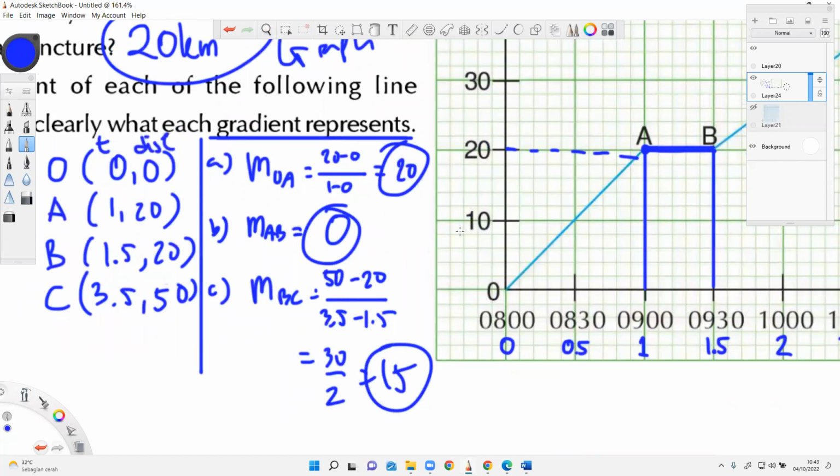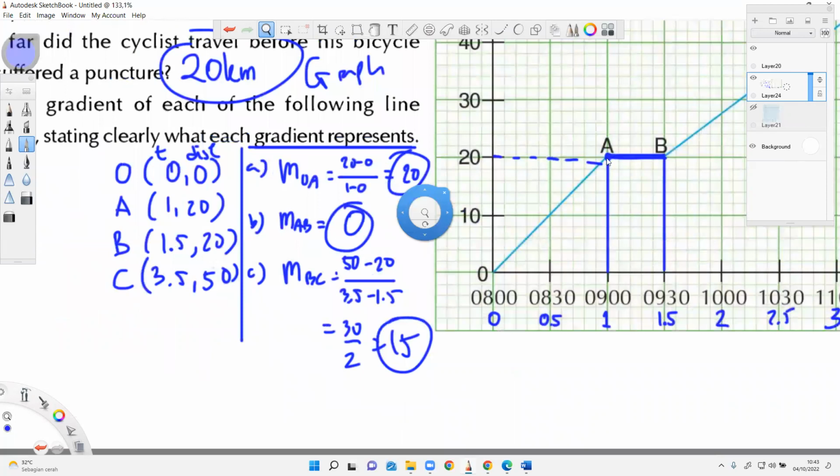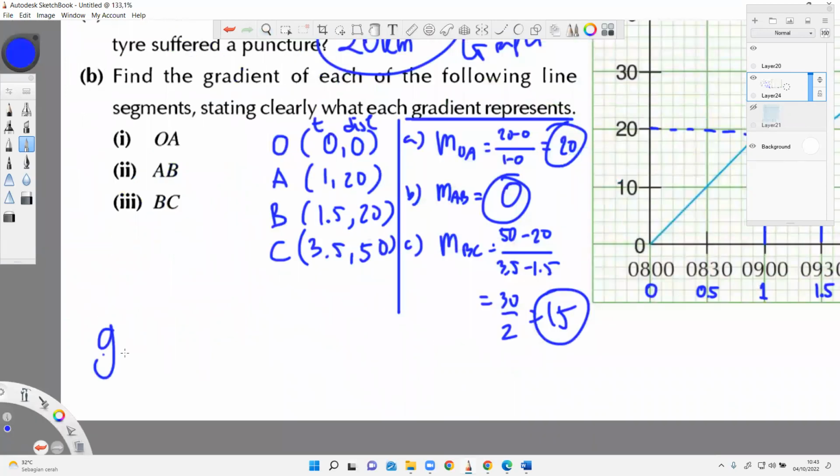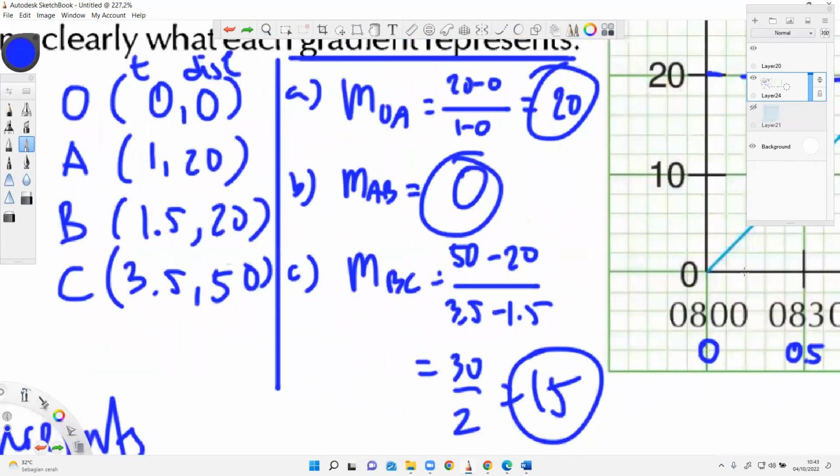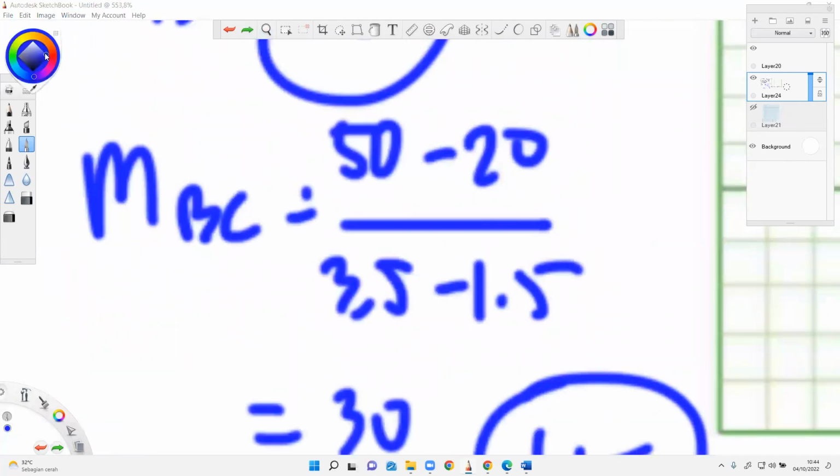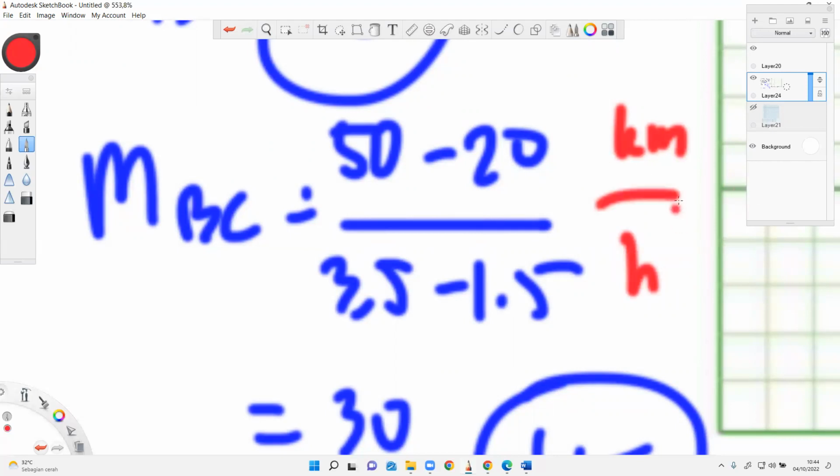Distance over time, what is it? Gradient represents, look, this is kilometer on the top side, and the bottom side represents hour. What does the unit kilometer over hour stand for?